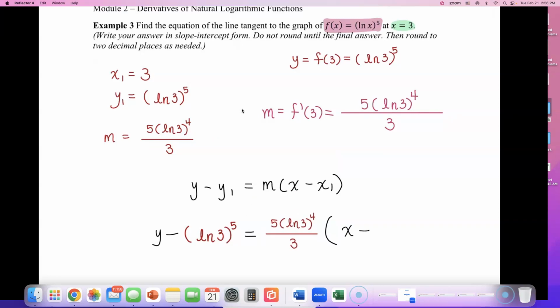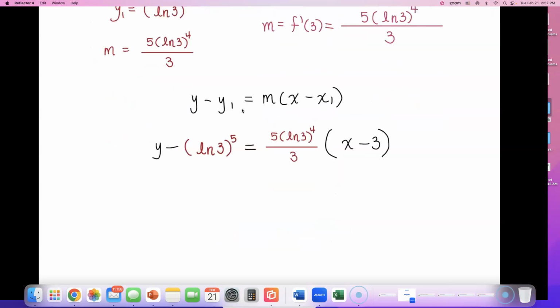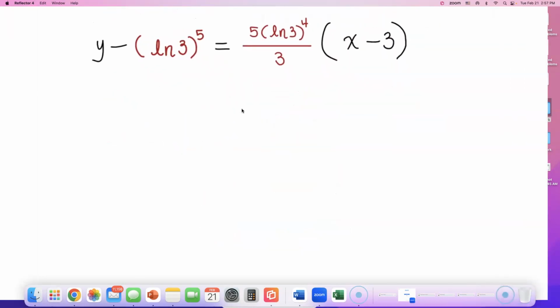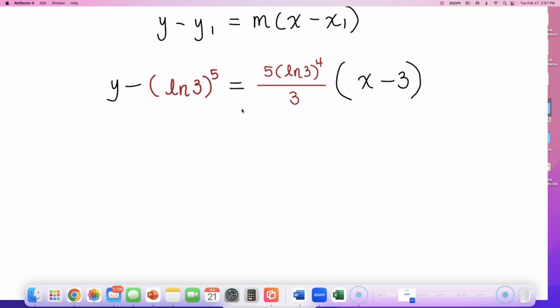What's x1 value? 3. Alrighty. Now I will distribute this number into this parenthesis, okay? Multiply and multiply.